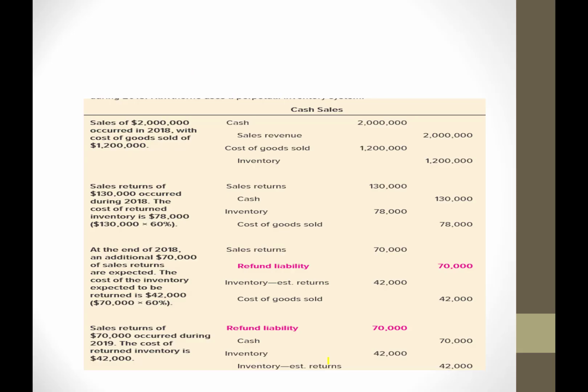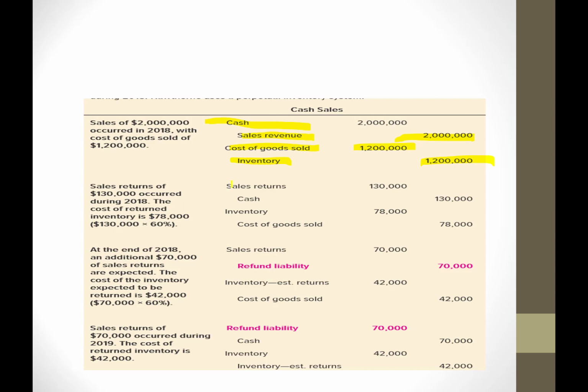Okay. Now remember, we had the discussion that if there is going to be returns, we have to estimate what the amount of the return is going to be. Now, as a practical matter, what the company will do is they'll go ahead and take their revenue at the time of sale, debit cost of goods sold. This company obviously is selling the goods for more than they paid for them.